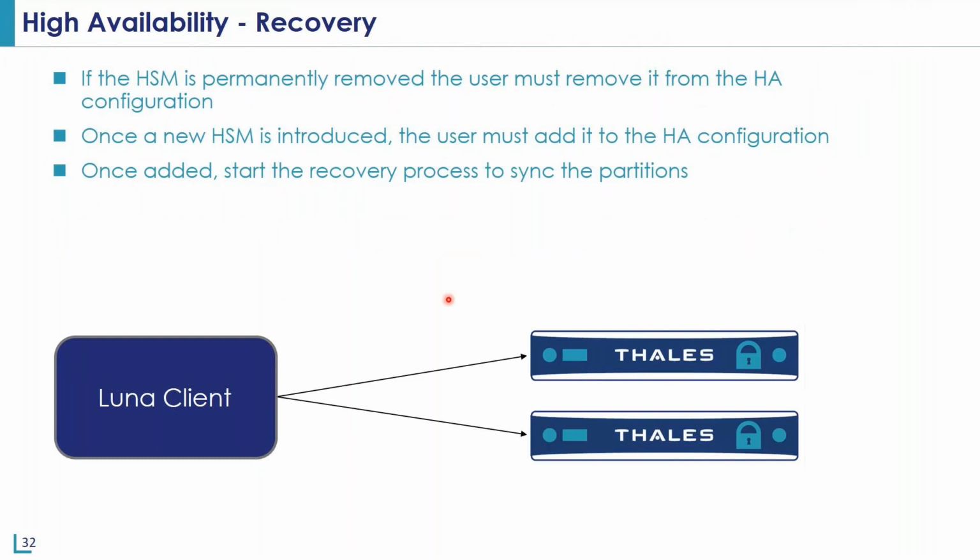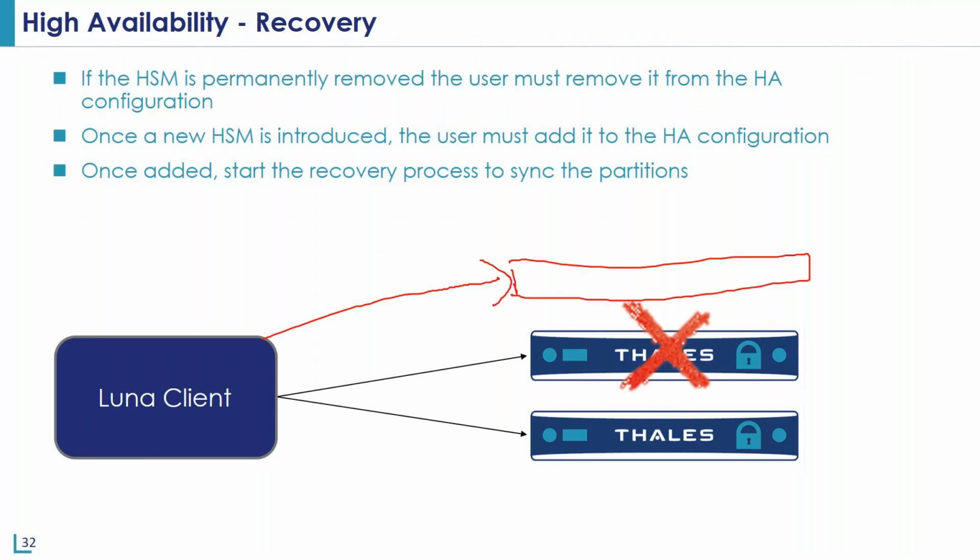If the HSM is completely down, you have to get a replacement from Thales. Let's say one of the members is completely removed. There are no additional steps. You just have to bring the new appliance, create the partition, and initialize it with the same cloning domain, with the same red key.